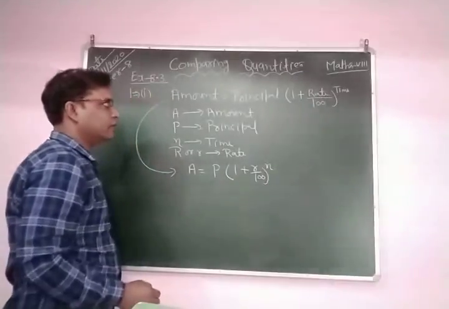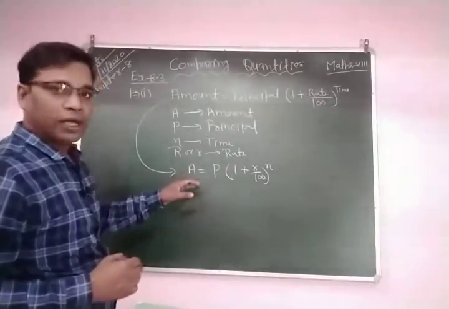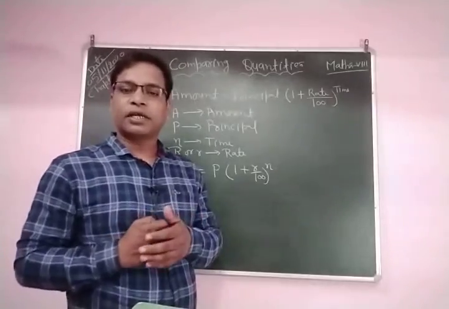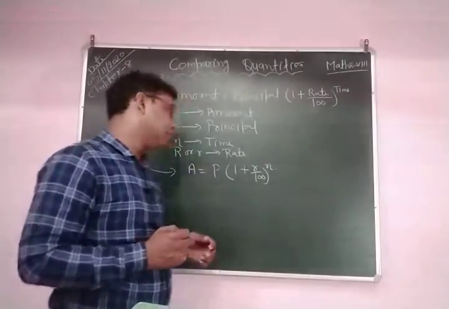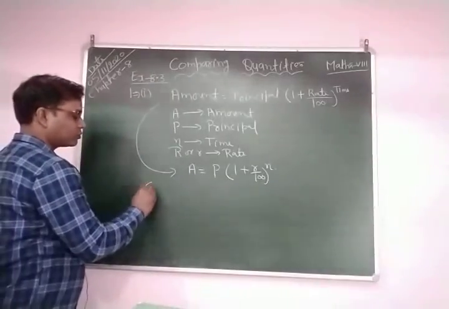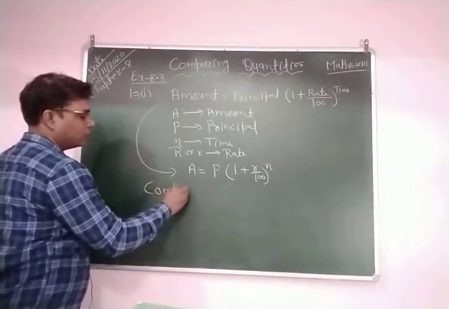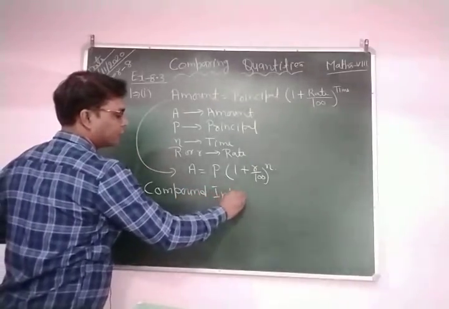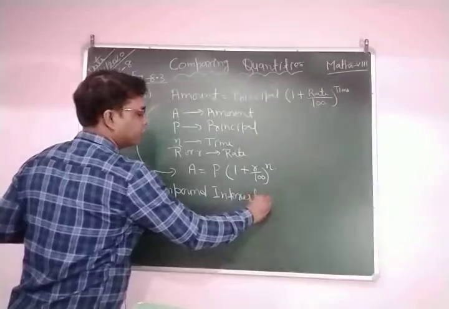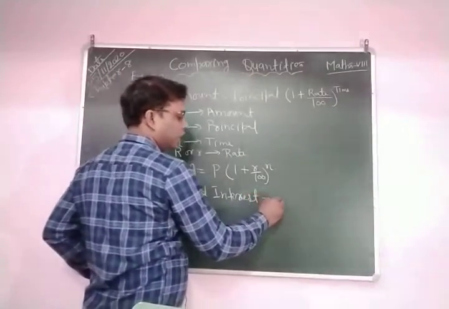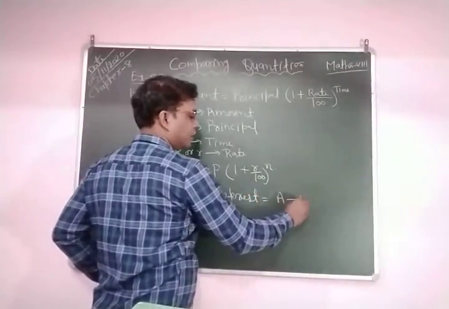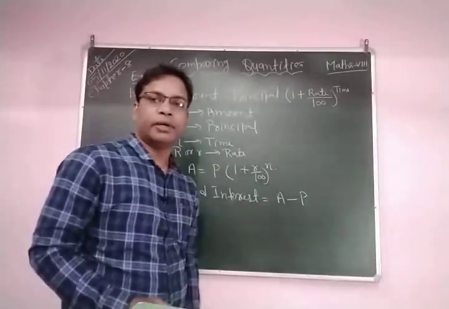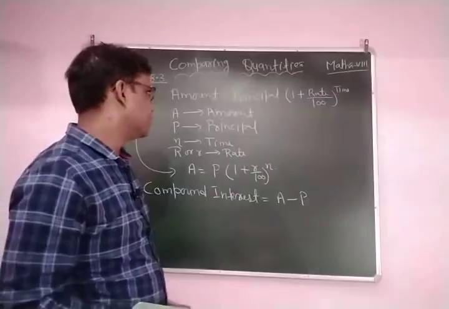Now this is the formula to find the amount, but we also find the compound interest. Compound interest is equal to A minus P, amount minus principal, where A represents amount and P represents principal.